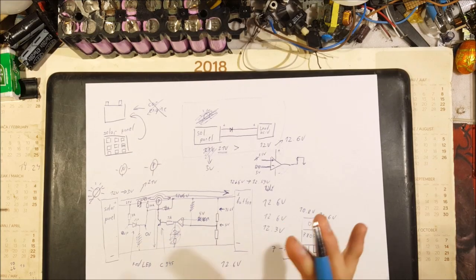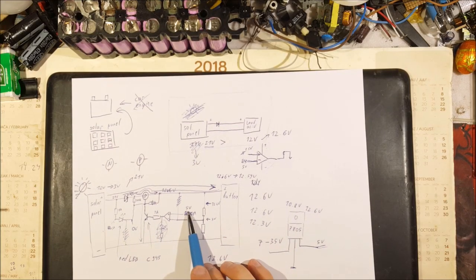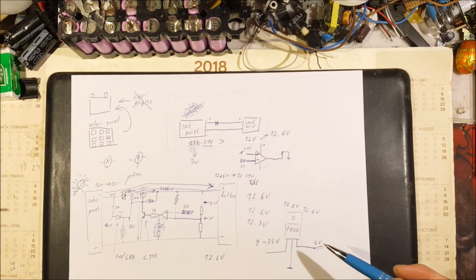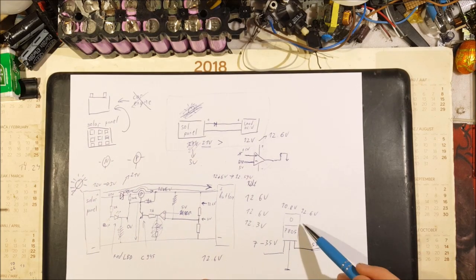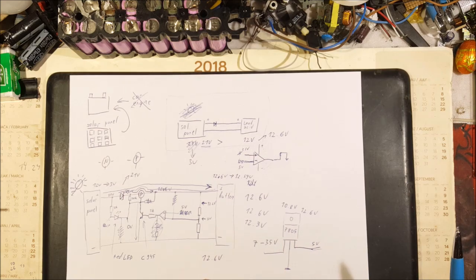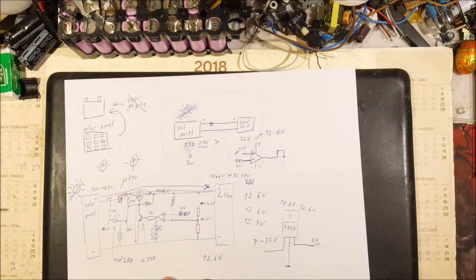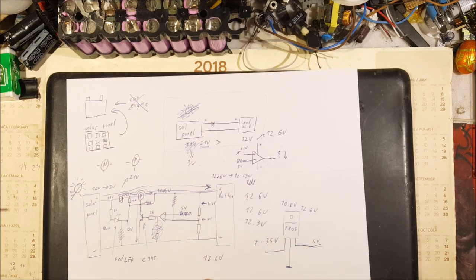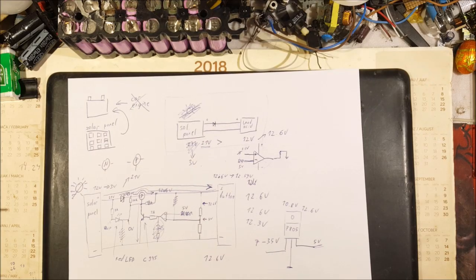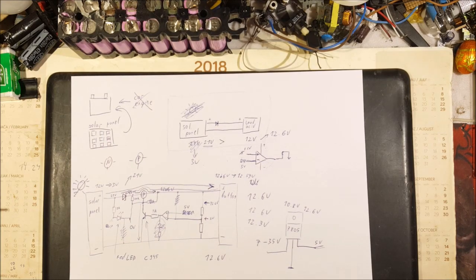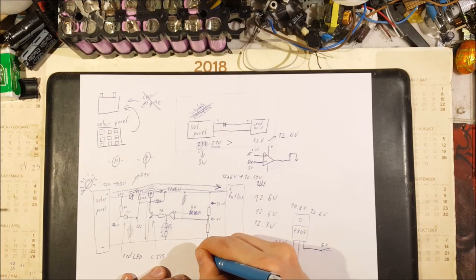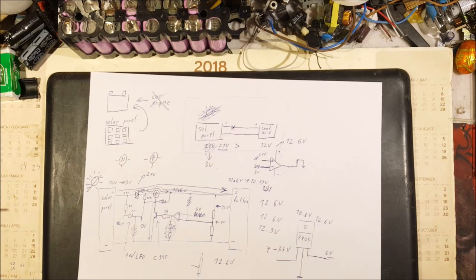This part of the circuit we removed. For the 5 volts reference we will be using this little 7805 regulator, and for the voltage divider you can use a free online voltage divider calculator, or you can be a lazy freak like me and use a little potentiometer.